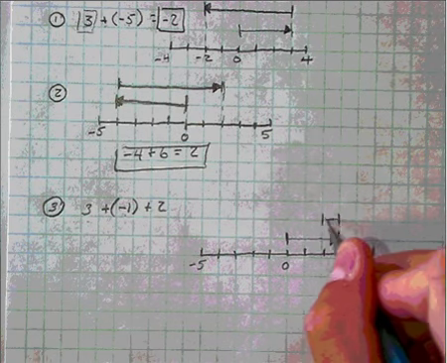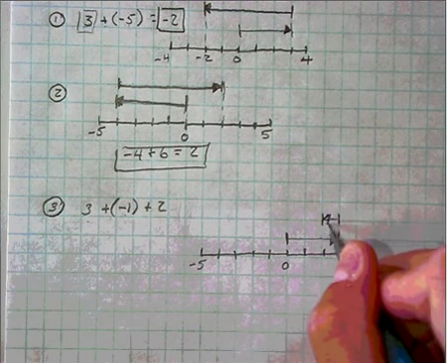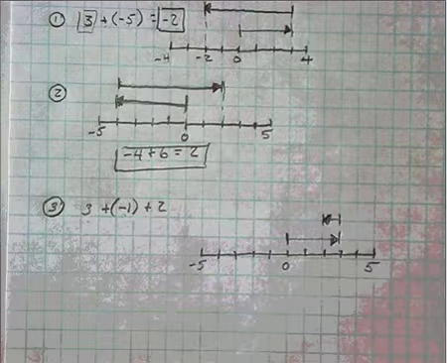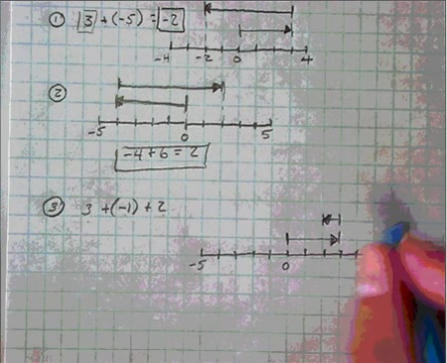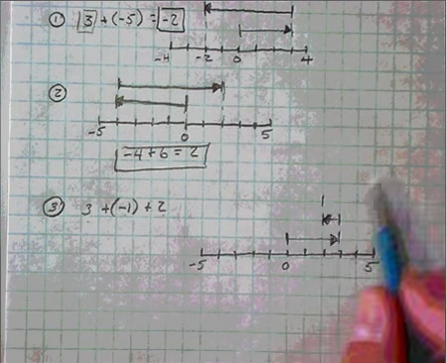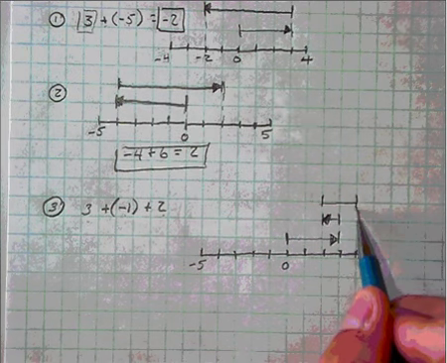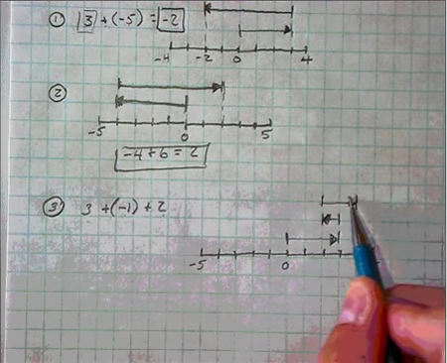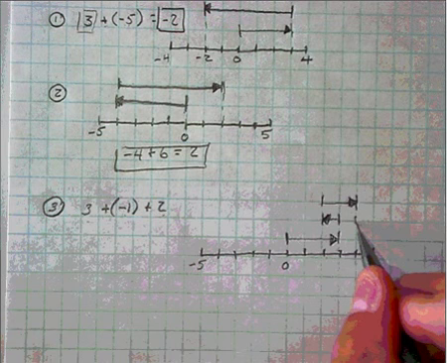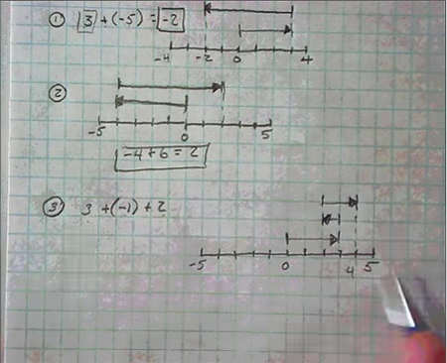Okay, 1 in the negative direction. Okay, arrow. Then I'm going to go 2 in the positive direction. So now 1, 2. And my arrow. Puts my answer right there at 4.